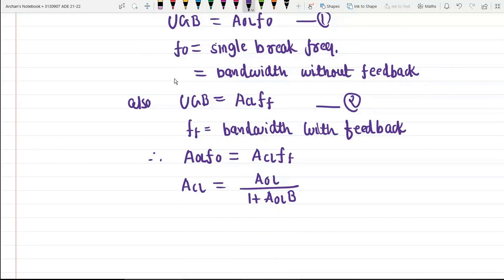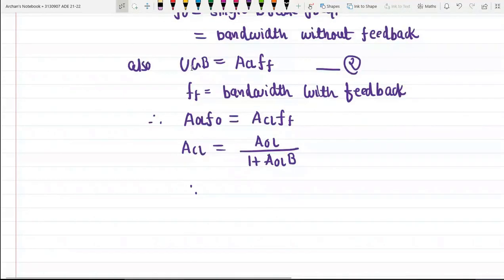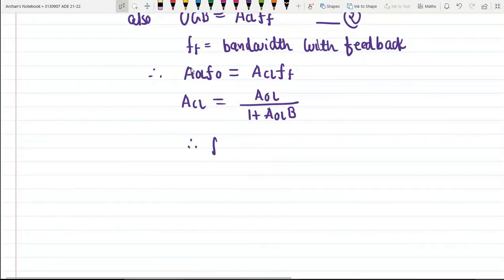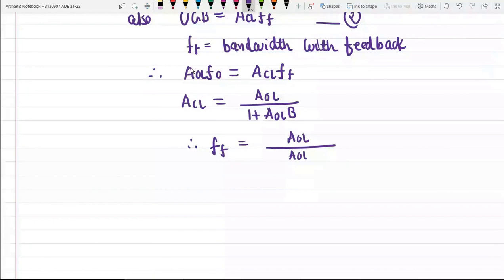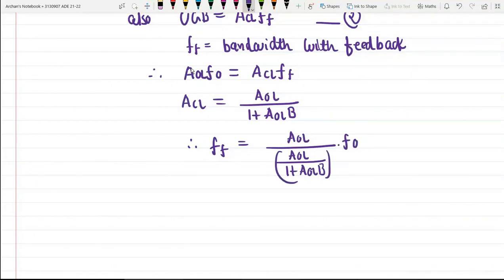Therefore the bandwidth with feedback is now given by (1 plus AOL B) divided by AOL into f0. Simplifying the terms, we get ff is equal to (1 plus AOL times B) into f0.